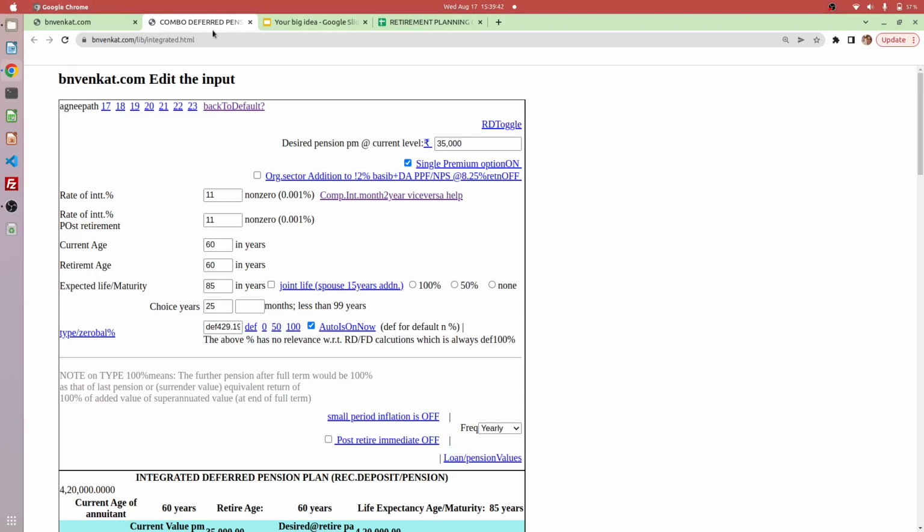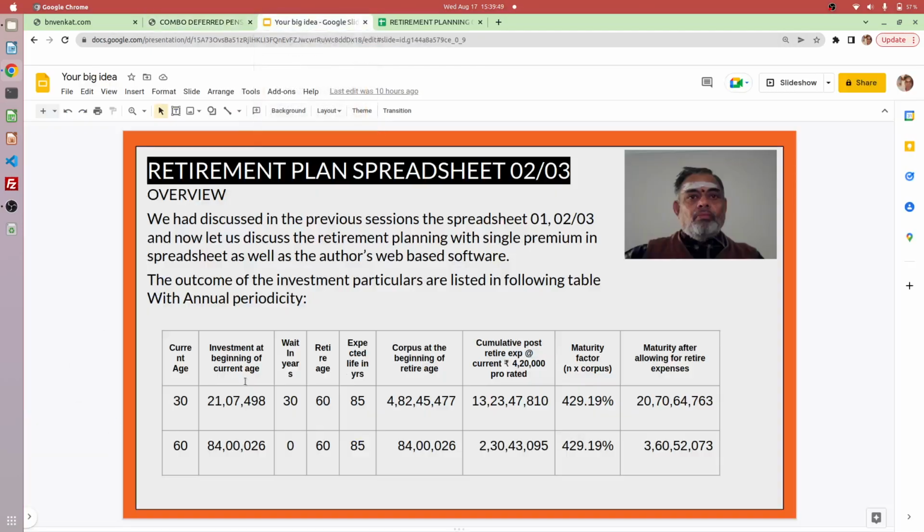Okay, let us see our presentation page. The summary: investment at 30 years means 21 lakh, and waiting time 30 years. Retirement age 60 and expected life is 85. For this, we will have a corpus at retirement time of 4.82 crore, and maturity after allowing retirement expenses is 20 crore.